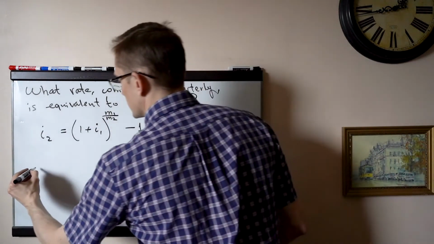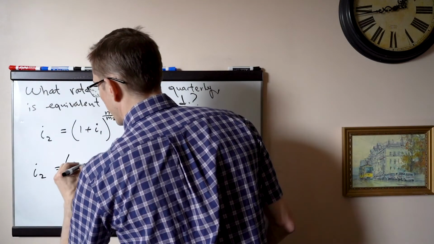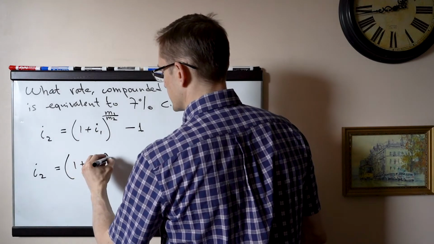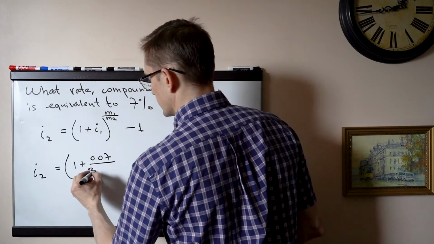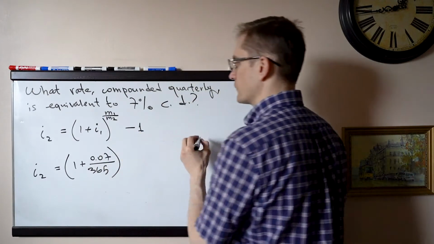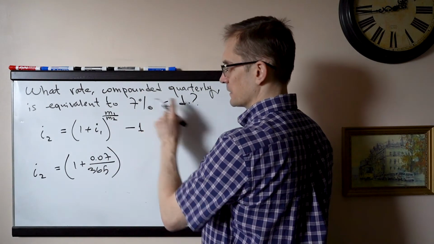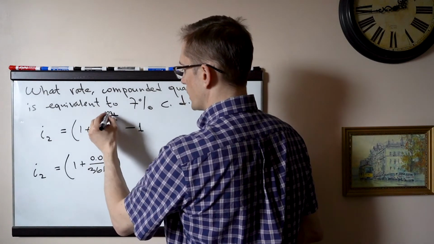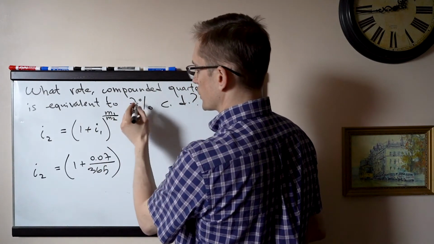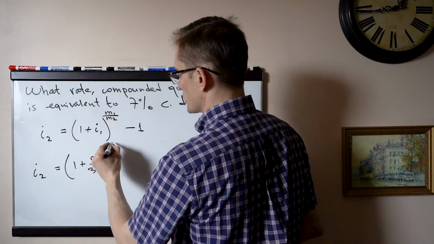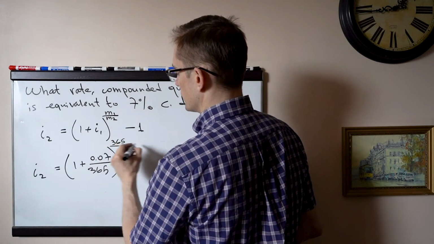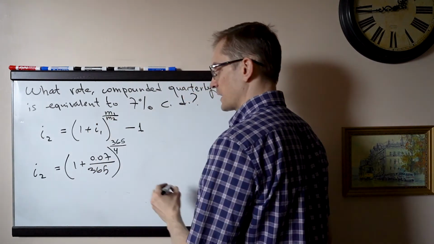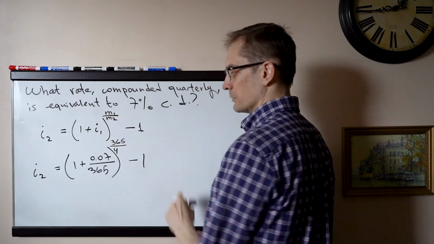So we know that this known periodic rate is 0.07 divided by 365, because this first rate is compounded daily. Now your exponent is, again, M1, how frequently that first rate is compounded, which is 365 divided by 4, because M2 is how your second rate is supposed to be compounded.